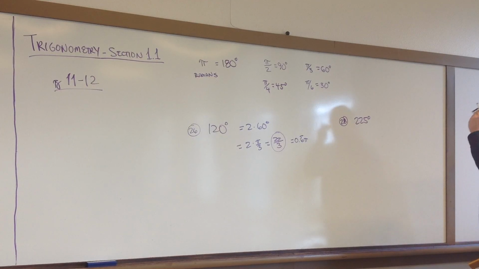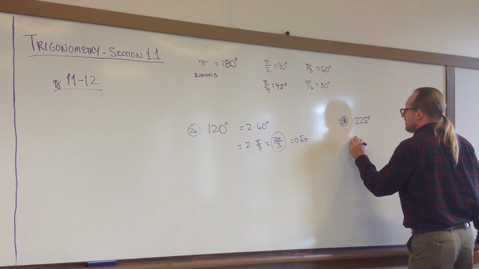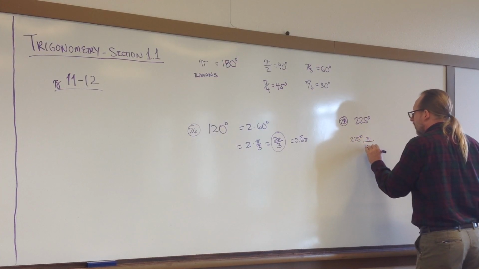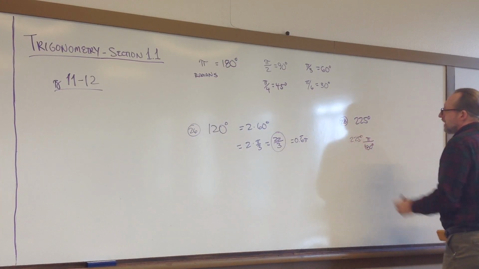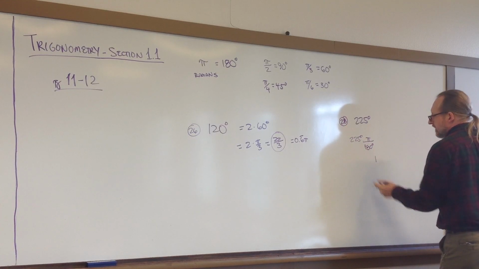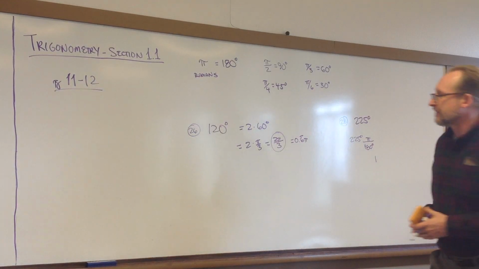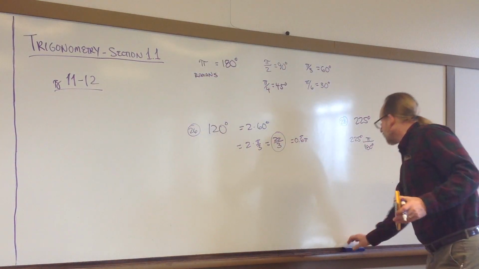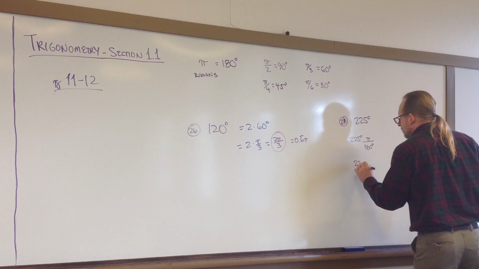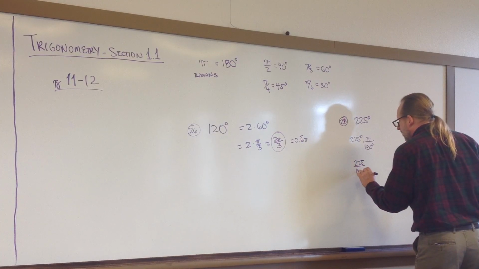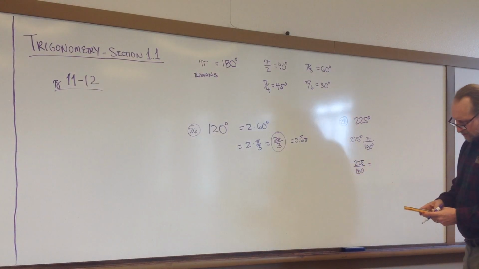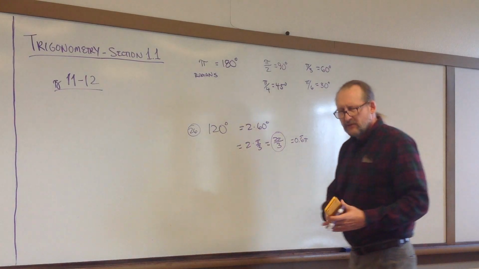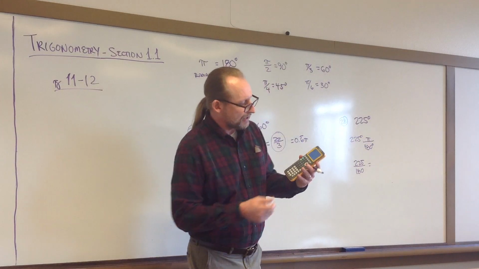Well, the fundamental idea here is 225 times pi over 180. And so what I'm going to do is use the calculator. We could do it without the calculator, but you can always use the calculator to reduce a fraction. So if we take 225 divided by 180, and then in the math key, first choice is turn this into a fraction.